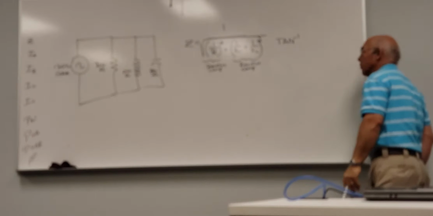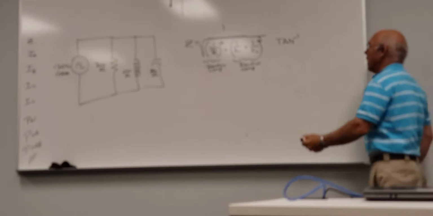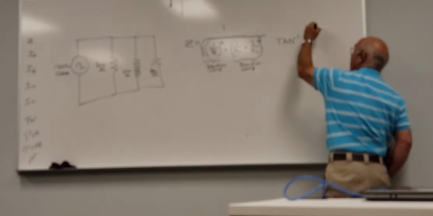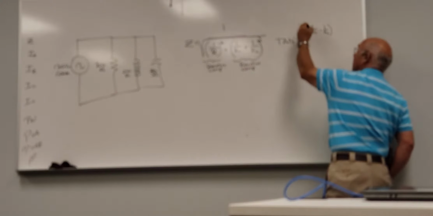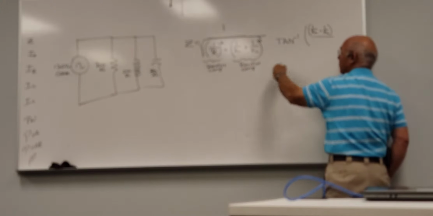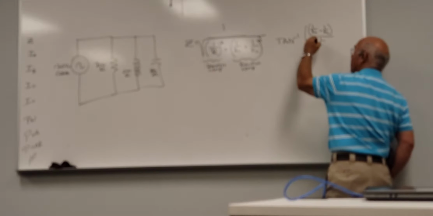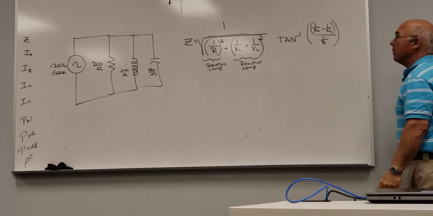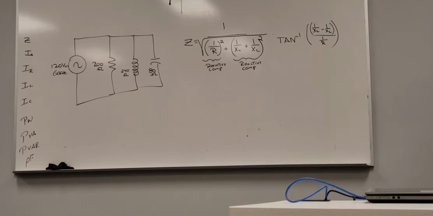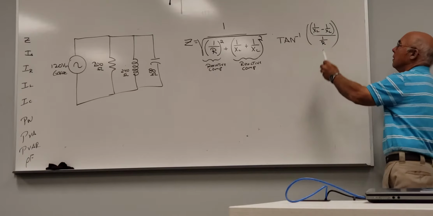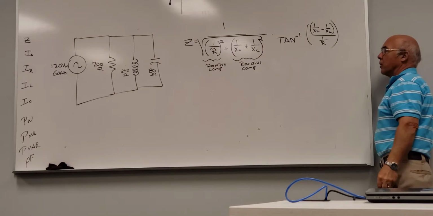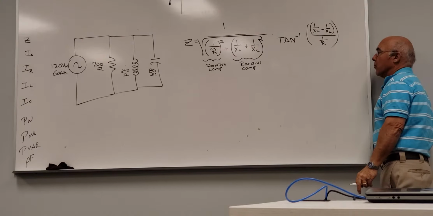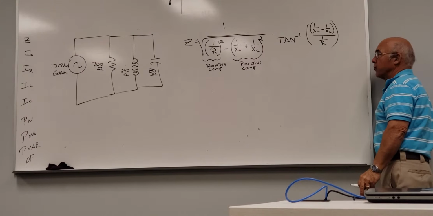So what we're looking for is the angle, which would be the reactive component, 1 over X of L minus 1 over X of C, divided by the resistive component, which is 1 over R. And that will be the angle. Still reactive component divided by resistive component. All I gotta do is plug and chug here.